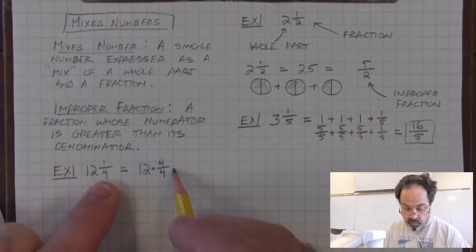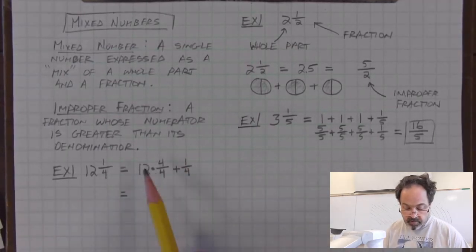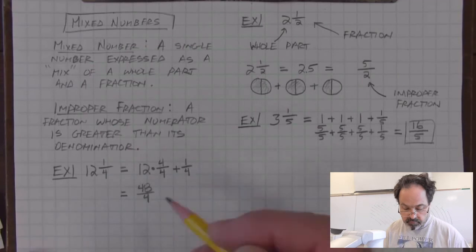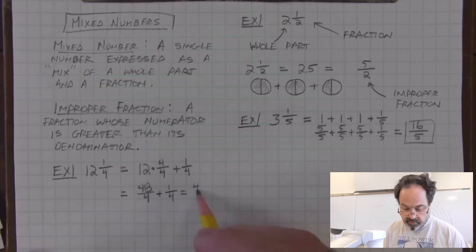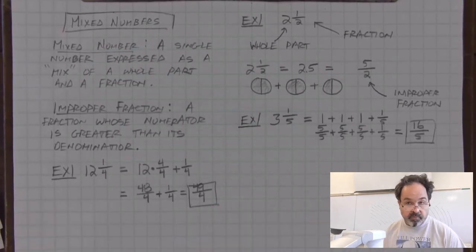And then we have the 1/4 that was part of the mixed number. Now in this next step, the 12 times the 4 over 4 is going to make 48 quarters. And we still add that 1/4 to get a final answer of 49 quarters. We converted the mixed number into an improper fraction.